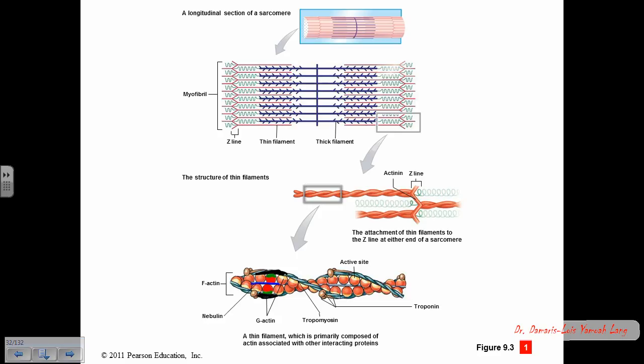I just have 3 colors, so I'll use red. Again, now, this is what? Troponin, right? You see some part of the troponin is attached to the tropomyosin. And this is another part of the troponin attaching to the actin.